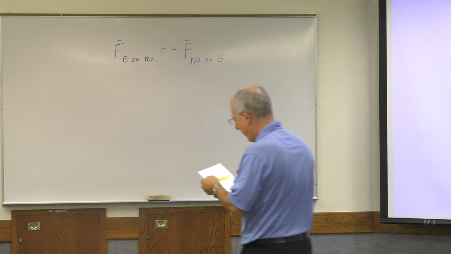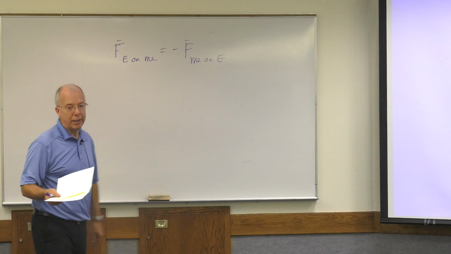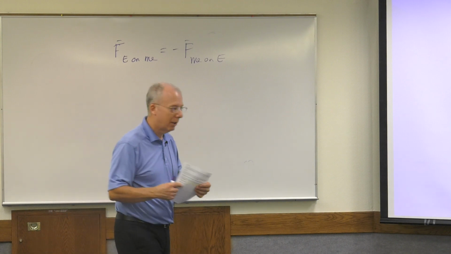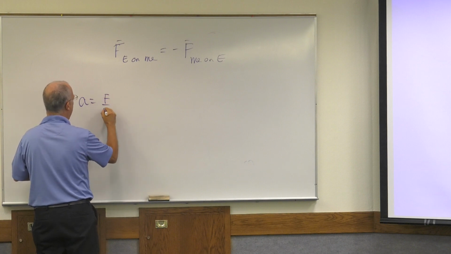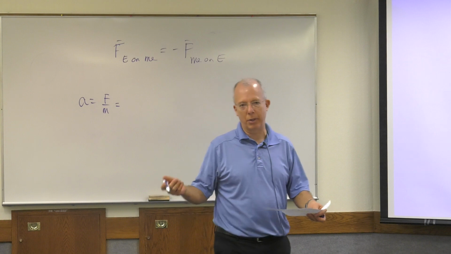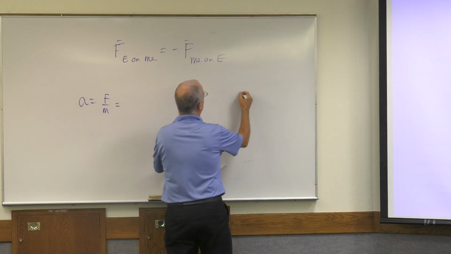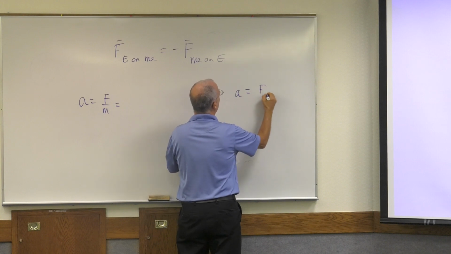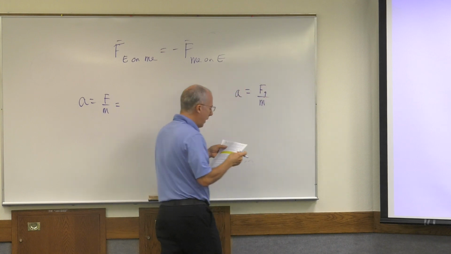Now, here's the fun part. Who has the greatest acceleration, me or the Earth? Well, remember, a equals F over m. So who has the greatest mass, me or the Earth? It's pretty obvious, right? Okay, so what's my acceleration? My acceleration is the force of gravity over my mass, right?